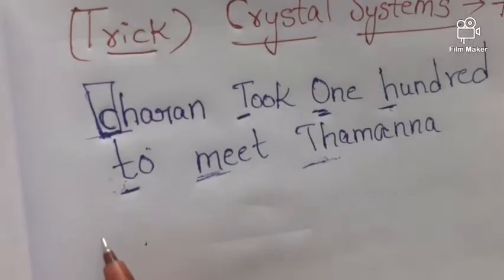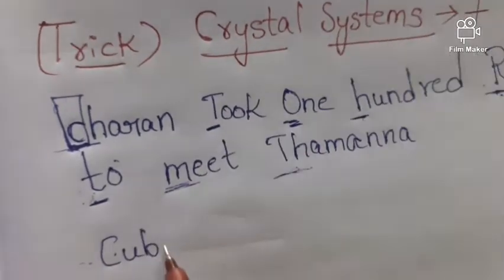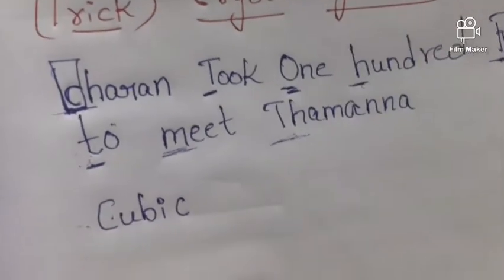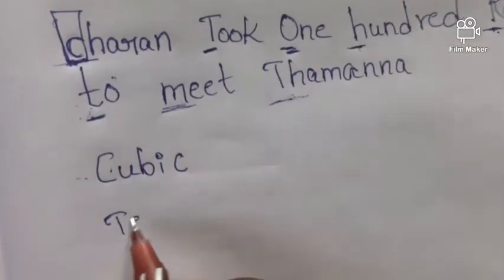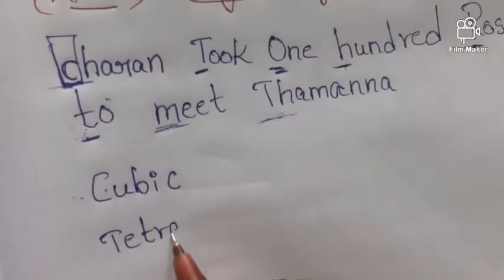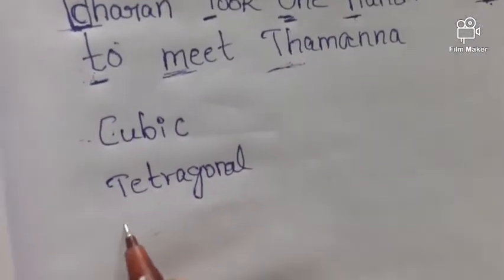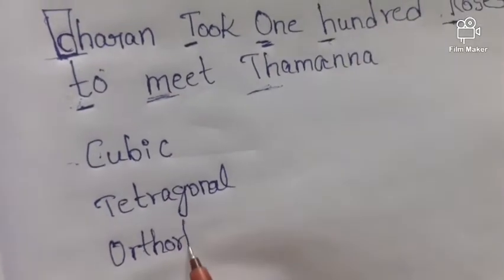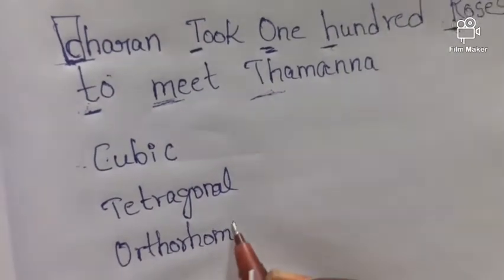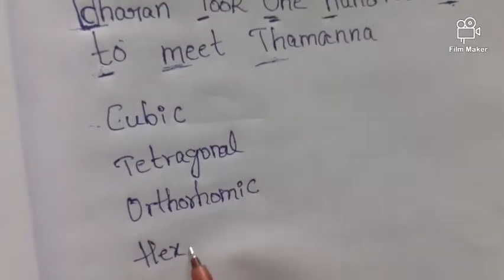First we have seen C, what does it mean friends? C means cubic. T means tetragonal. O means orthorhombic. H means hexagonal.